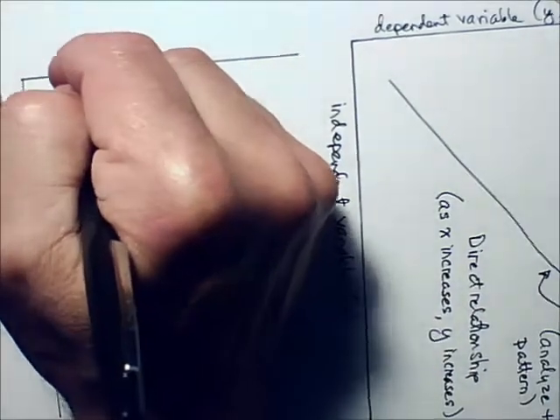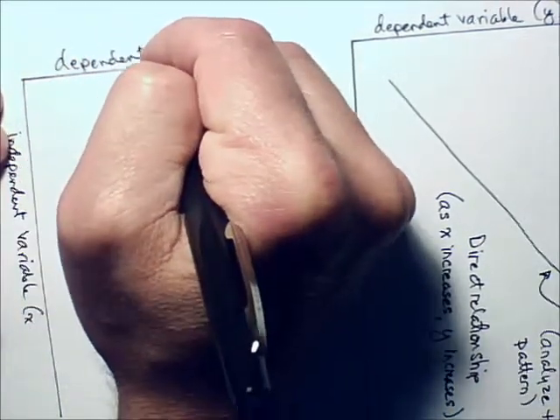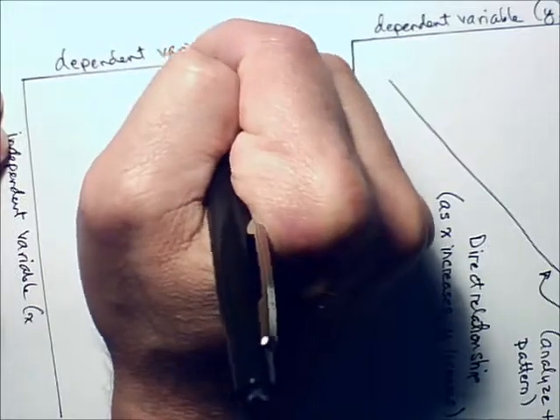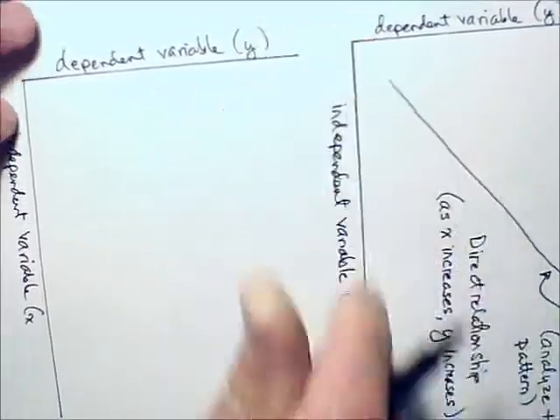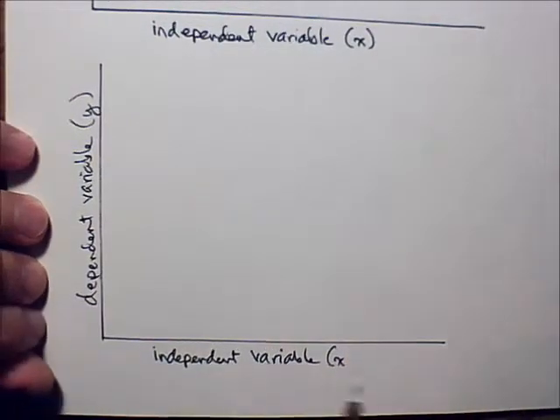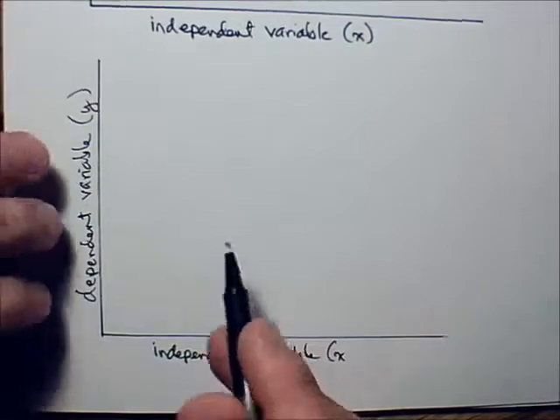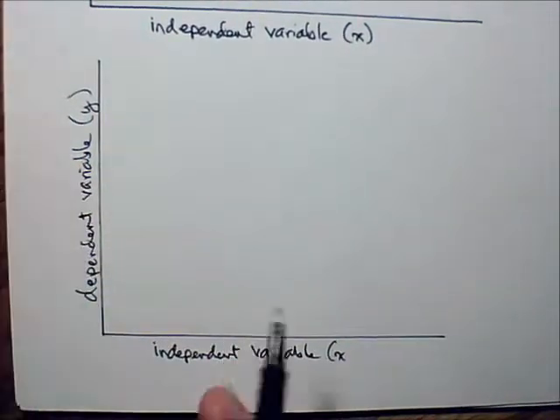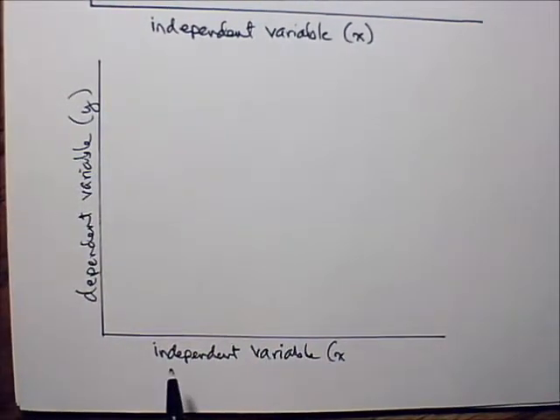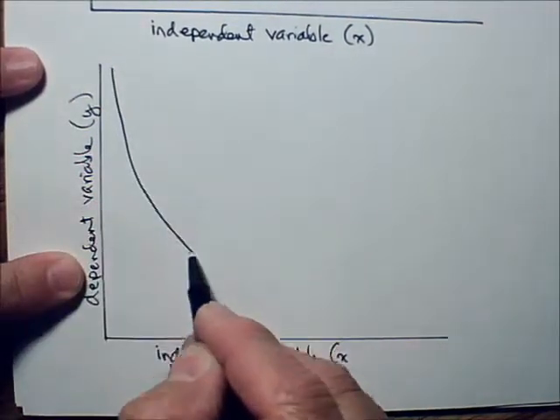And the dependent variable goes on the vertical axis. And then all the data points will go on here as dots. Okay? But once you figure out what the pattern of dots is, and you put a best fit line or curve on there, you get a curve that looks like this.